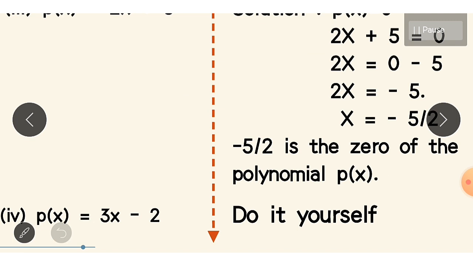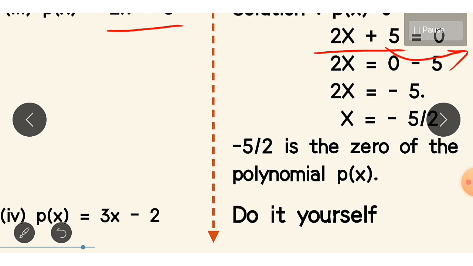In this problem, p of x is 2x plus 5, so I substitute 2x plus 5 equal to 0. Taking this 5 to the other side, plus 5 changes to minus 5, that is 0 minus 5. 2x equal to minus 5.